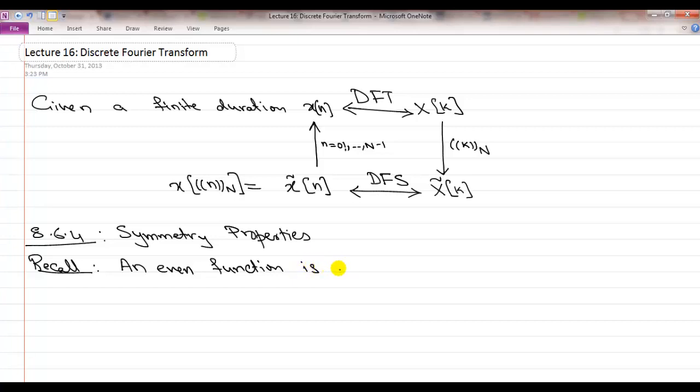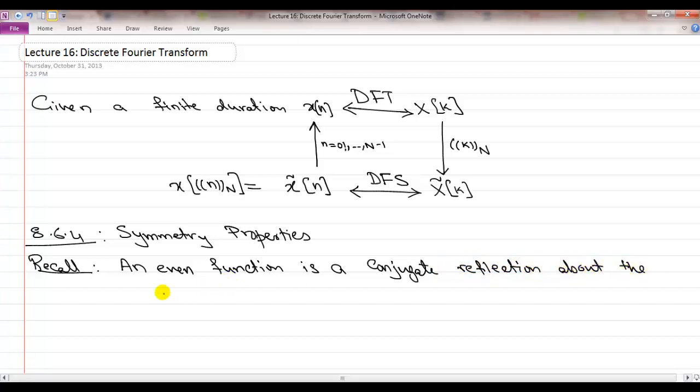An even function is a conjugate reflection about the y-axis, which means if I have a function of some variable, f of y, then that is equal to f conjugate of minus y. If I reflect it around my y-axis, then it's conjugate symmetric. For real valued, it's just the even function that we typically talk about.